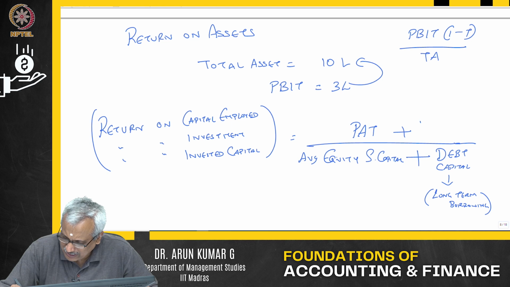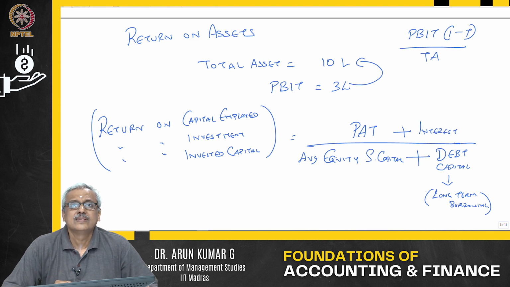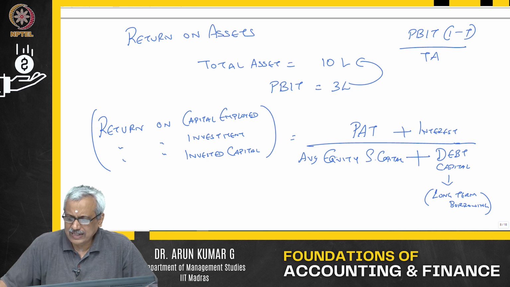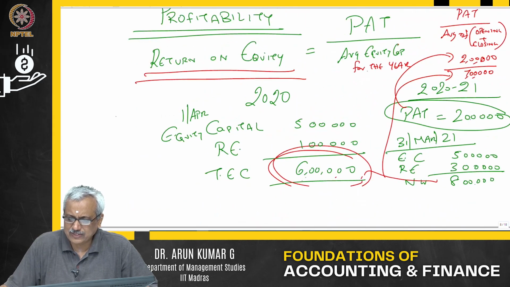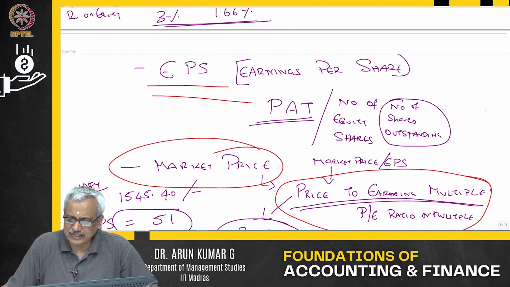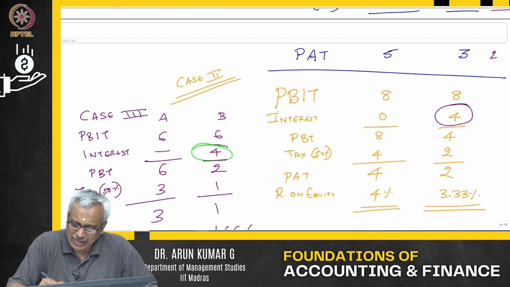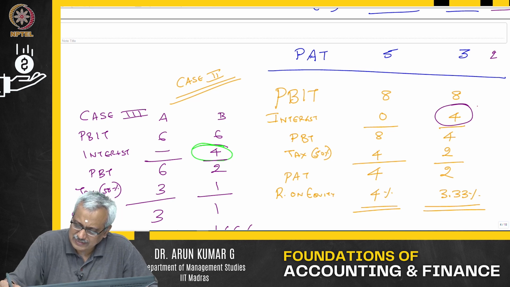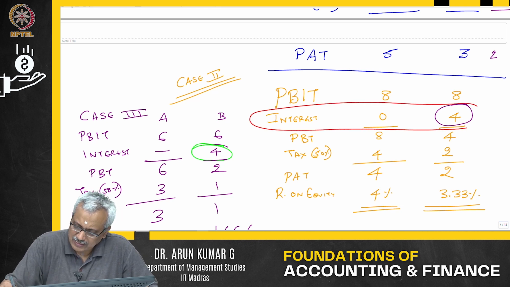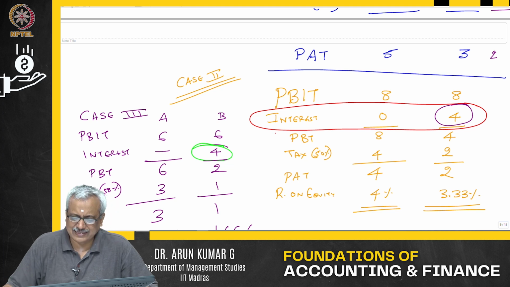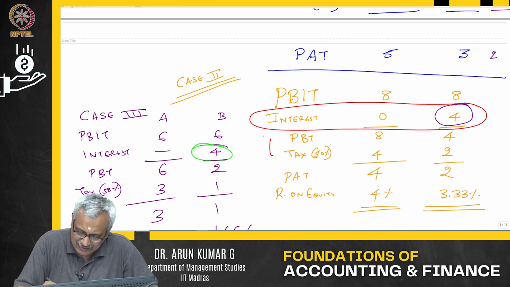The return the debt capital holders get is called interest. And what did we see in the last example? The debt interest you pay is always before the taxes.